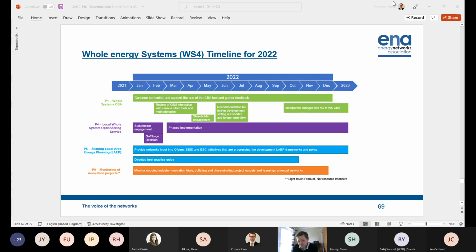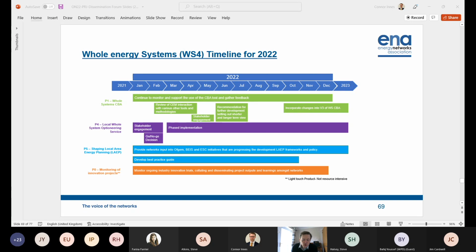So through 2021, we've been looking at how we're using the tool, and then from that, how we can shape and enhance the tool so it works better for the range of activities we need within the work stream. That's continuing into 2022, and I think it's commensurate with the sorts of activities we're looking at. It probably is a longer burn activity to get that sort of feedback.